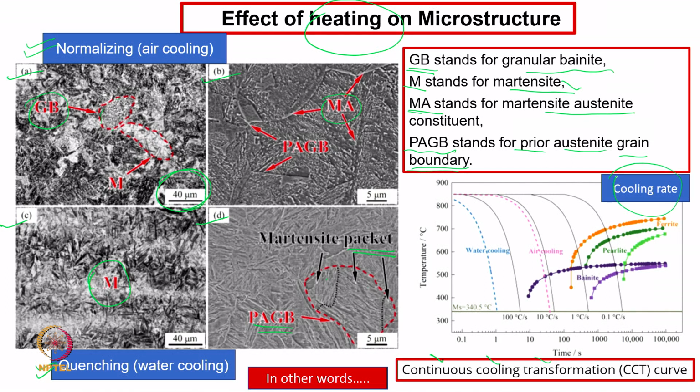Now, if there is a temperature increase, maybe 800 plus, and we want to cool it, if the decrease is very slow, then most of the austenite phase will remain, ferrite will be in good shape, and there will be a ductile phase, or a ductile failure if it is subjected to very heavy load. So, 0.1 degree centigrade per second. Now, coming to water cooling, we go ahead with 100 degrees centigrade per second or more than that.